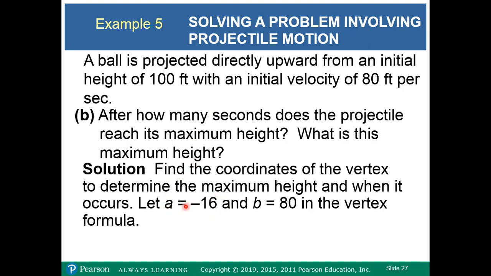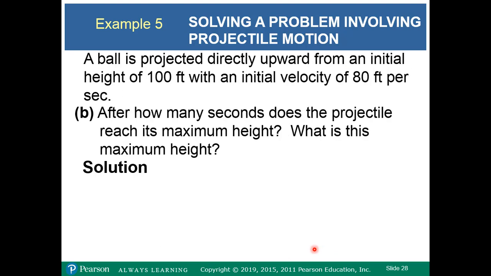A is negative 16, B is 80, and so the vertex formula gives us negative B over 2A, and we plug in our values and find 2.5. So x, in this case t, which is time, is 2.5 seconds. So the maximum height of the ball occurs 2.5 seconds after the object is launched.